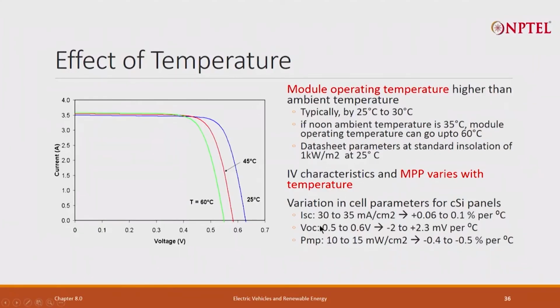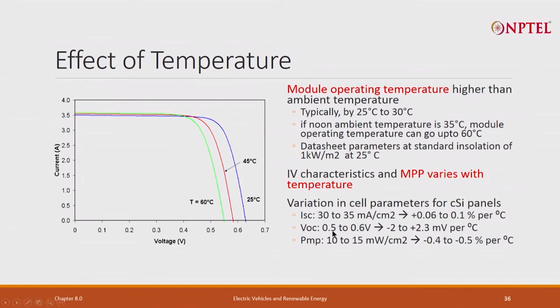This is well understood. The short circuit current will be 30 to 35 milliampere per centimeter square. For every degree centigrade above 25 degrees, it will change by 0.06 to 0.1%. You can take 0.1% or even less, 0.07%. So, at 10 degrees it will be a 7% reduction, at 20 degrees a 14% reduction, very important.